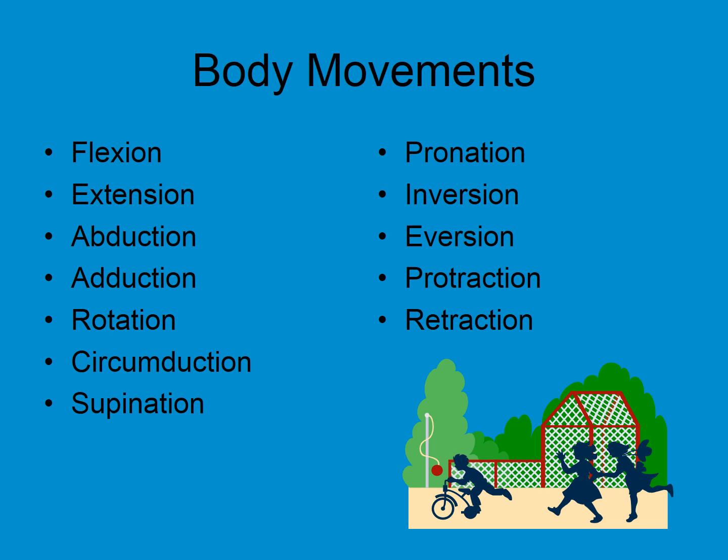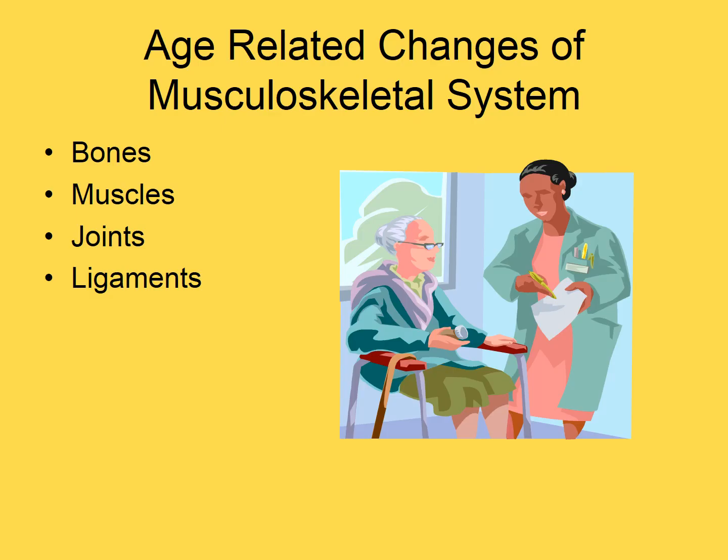Next slide. There are some changes that you may see with aging. Okay, so some of the changes that would occur, definitely in bone. There's loss of bone density, which accelerates especially after menopause, and as a result the bones are more fragile and easy to break.